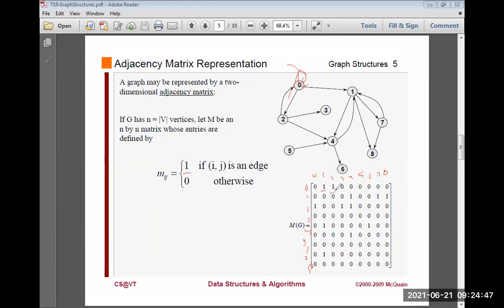And 0 to 3 there is no path, 0. 0 to 4 no path. 0 to 5, only if you have a direct path or direct edge can you represent it with 1. Otherwise, for the remaining ones, 0 to 6 there is no direct edge, so that's why you represent it with 0.